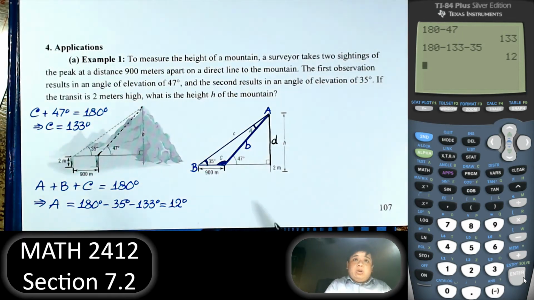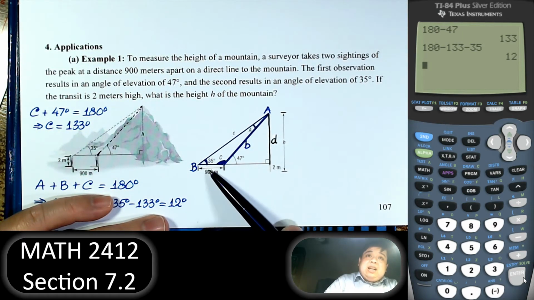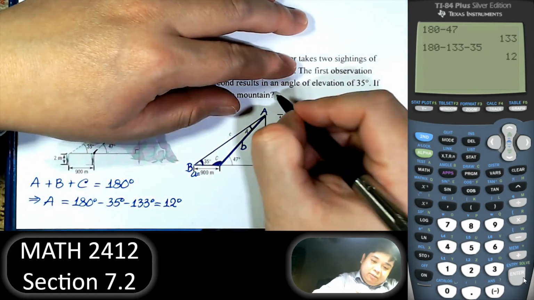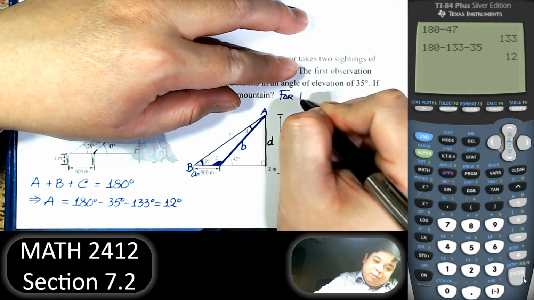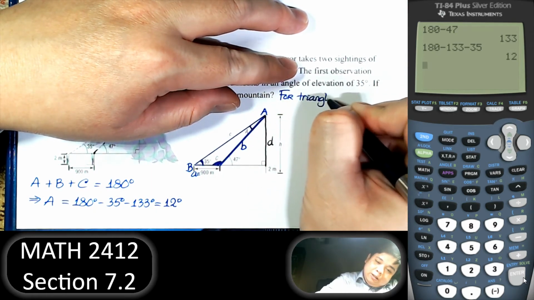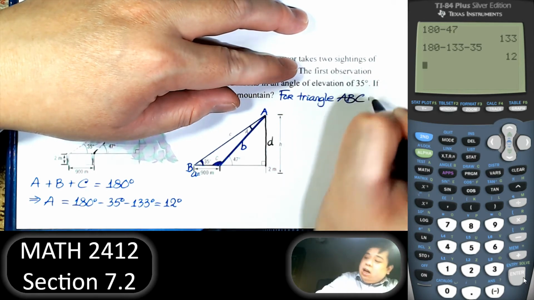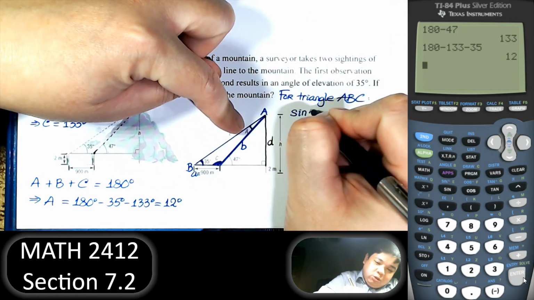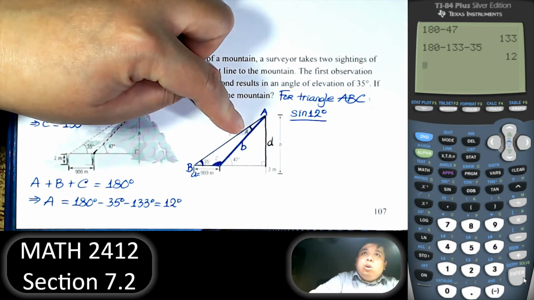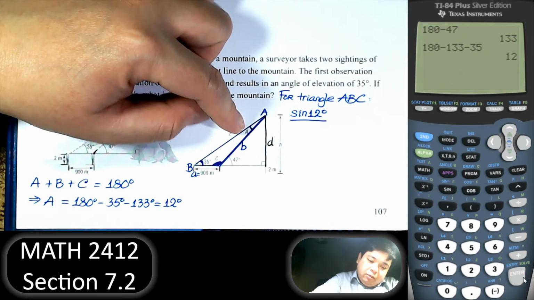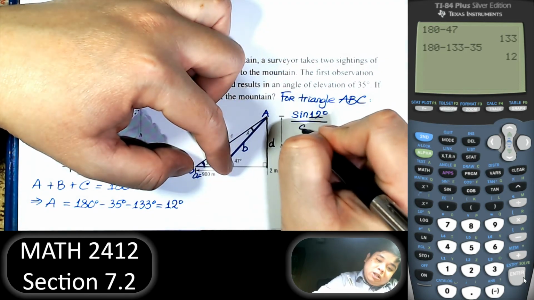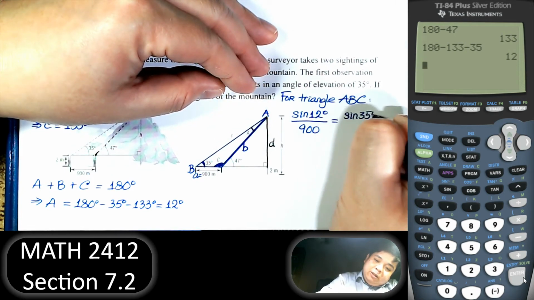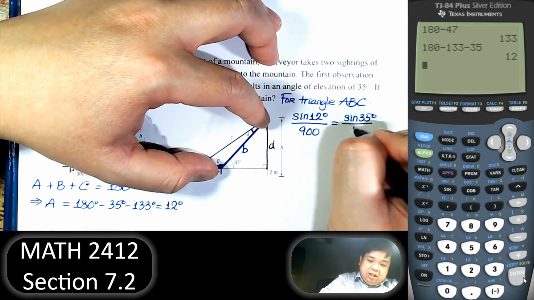In this triangle though, we have angle A and side A. So that of course is the law of sines. So for triangle ABC, I use the law of sines. Sine of angle A, which is 12 degrees, over the length of side A, which is 900, equals sine of B, 35 degrees, over B, the side B we don't know.